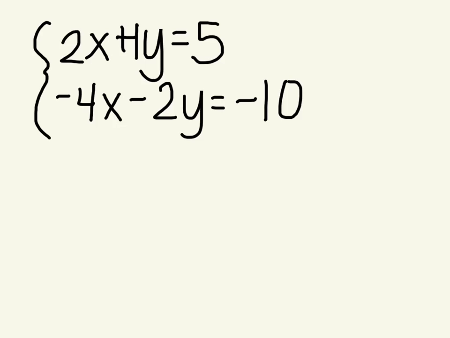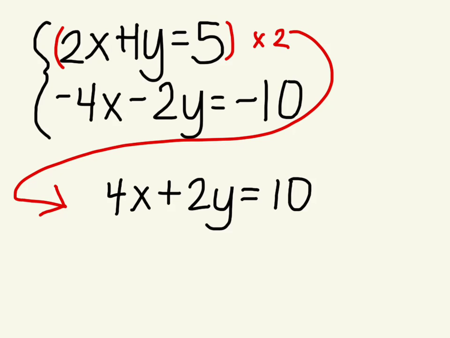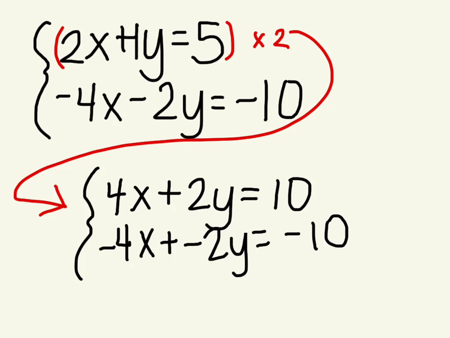That way my y variables are opposite of each other. So what I'm going to do is multiply this whole first equation through by positive 2. So my new first equation, same value, just rewritten, would become 4x plus 2y equals 10.